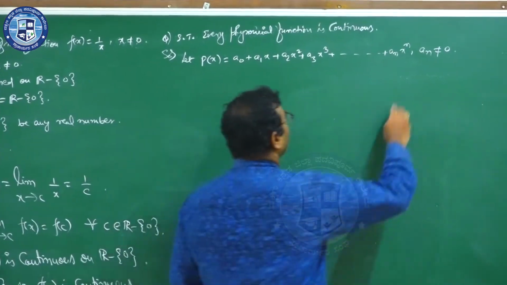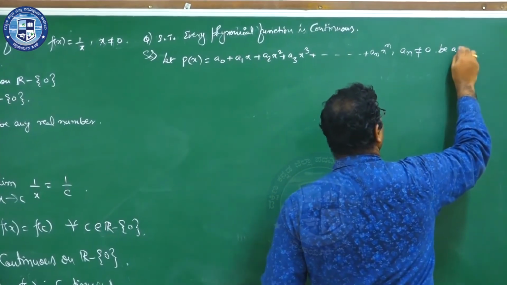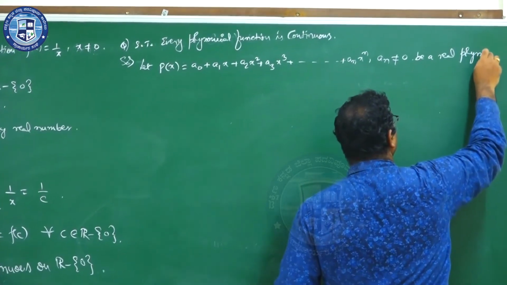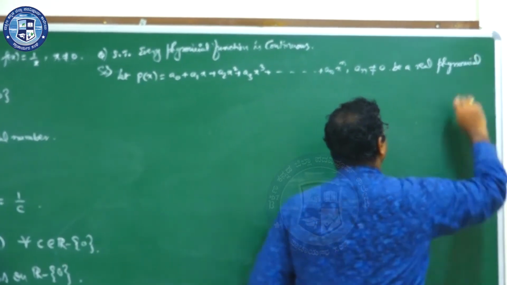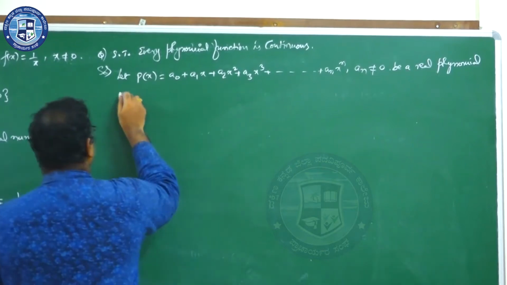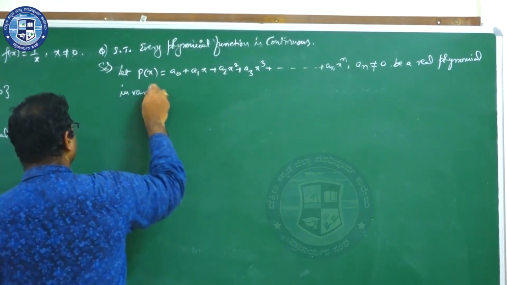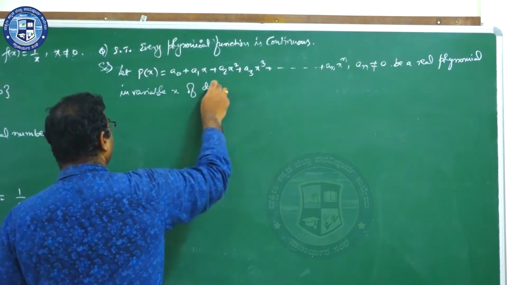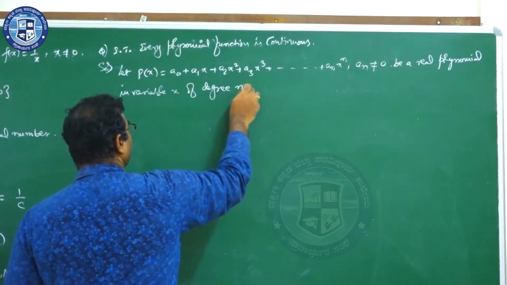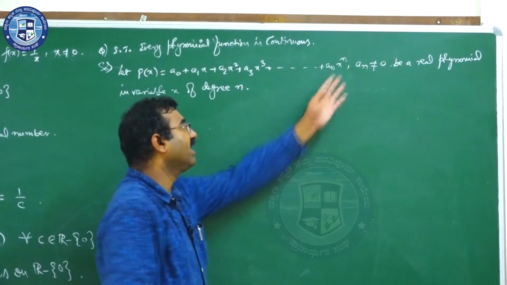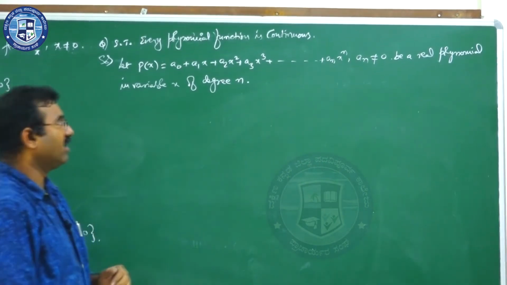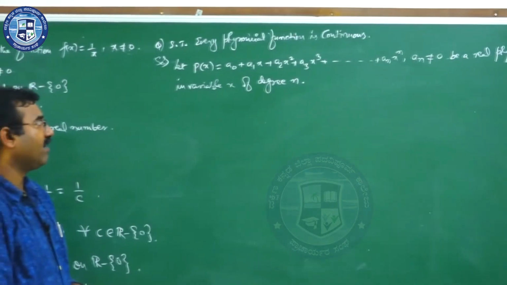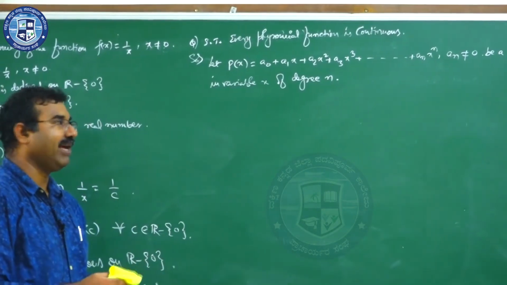be a real polynomial in variable x of degree n. Because I have taken x power n in this place, the highest exponent of the variable is called the degree of the polynomial. This is the polynomial I have considered.